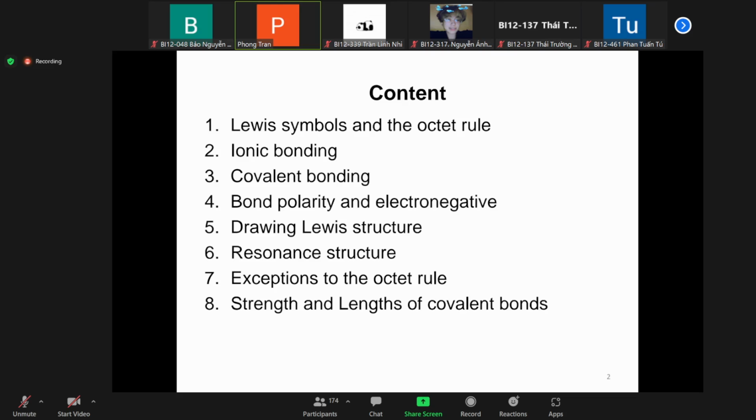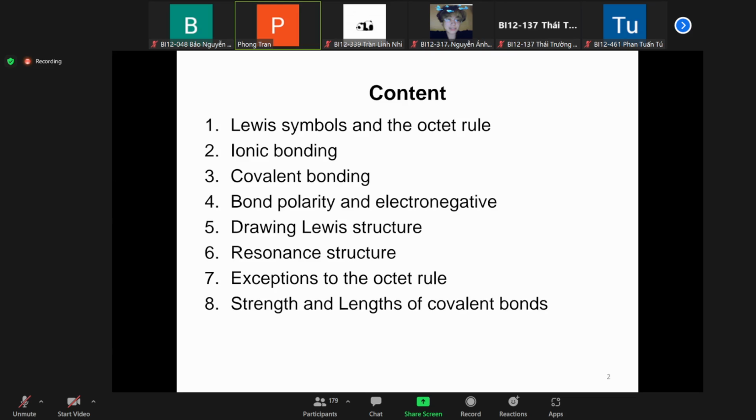We will practice drawing Lewis structures, how we can use dots to represent electrons and arrange the electrons around the atom to express the structure. We talk about the resonance structure, and of course, in chemistry, when we talk about a rule, we will have exceptions to the rule.